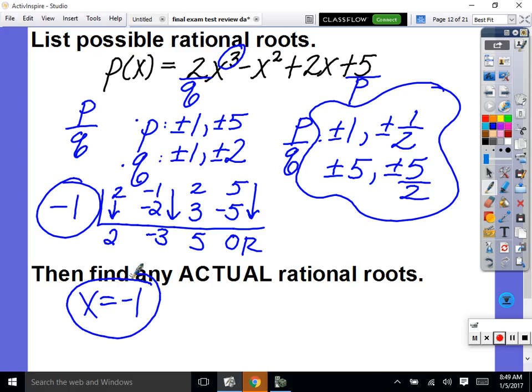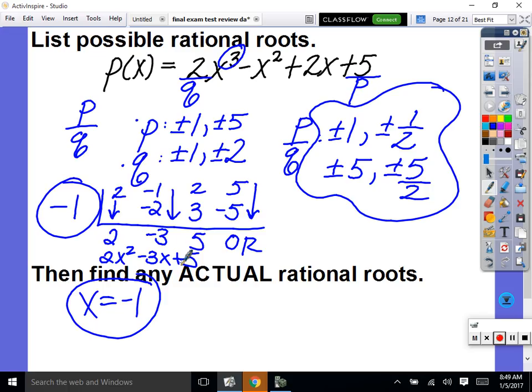So remember from here, how we would do it: this is 2x squared now, minus 3x plus 5. If we were going to find the rest of the roots, wouldn't we solve this quadratic by quadratic formula? Does that make sense? So this was the only rational root. But for all of the roots, if we needed to find them, we would use the quadratic formula or some other method.